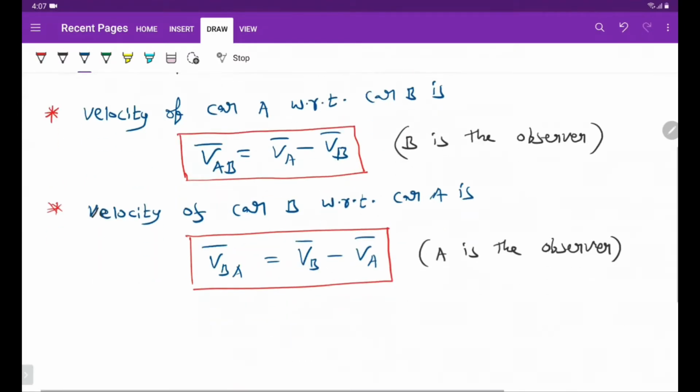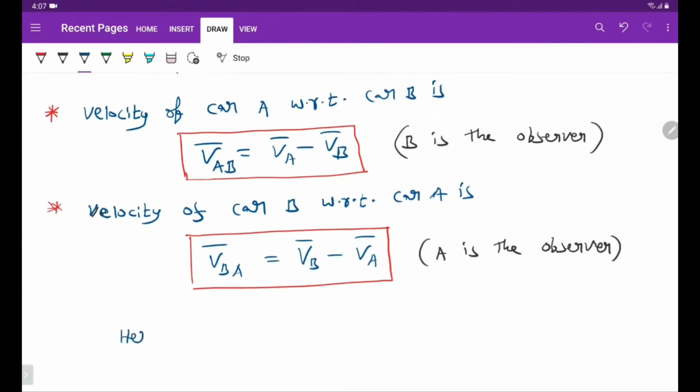So actually, we are writing velocity of A with respect to B is equal to VA bar minus VB bar. So what are VA bar and VB bar?